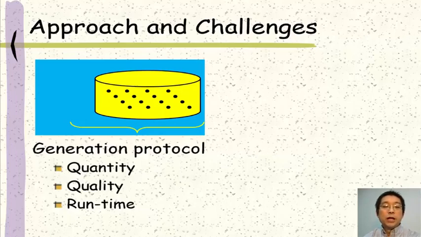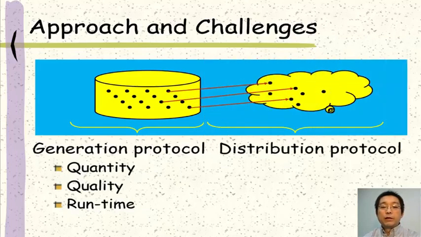And third, how to minimize the time and the complexity to generate multiple solutions. Ideally, we want to keep it close to the time and effort at the same level of finding one single solution. In the second phase of IP distribution, there are also several challenges.